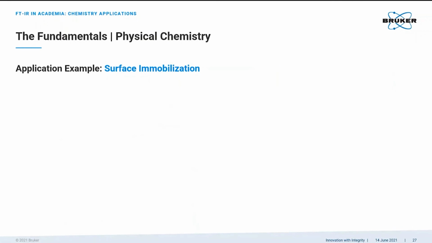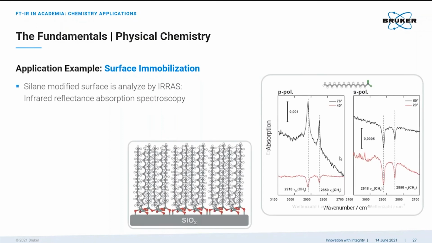Surface immobilization and functionalization is still a central subject in physical chemistry, since it delivers fundamentals for sensorics, biocompatibility, catalysis, and many more application fields. We analyze here a silane modified surface by IRAS. This surface layer is an ultra-thin monomolecular layer with a thickness of around 2 nanometers.